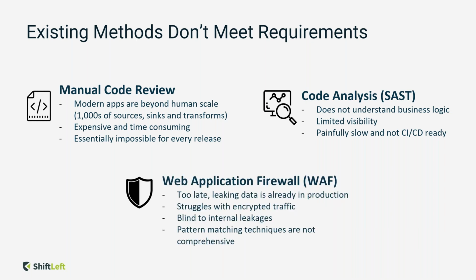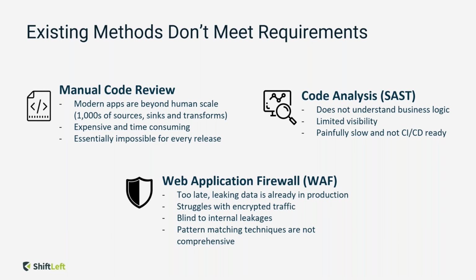And the third option could be saying, okay, shall I put something in front of the application and see if data is leaking? Well, one, that is too late because then you're already in production. You don't know if it will leak, you're trying to second guess, you're trying to catch it in action. Missing something there is more dangerous than missing something before you put it out there.